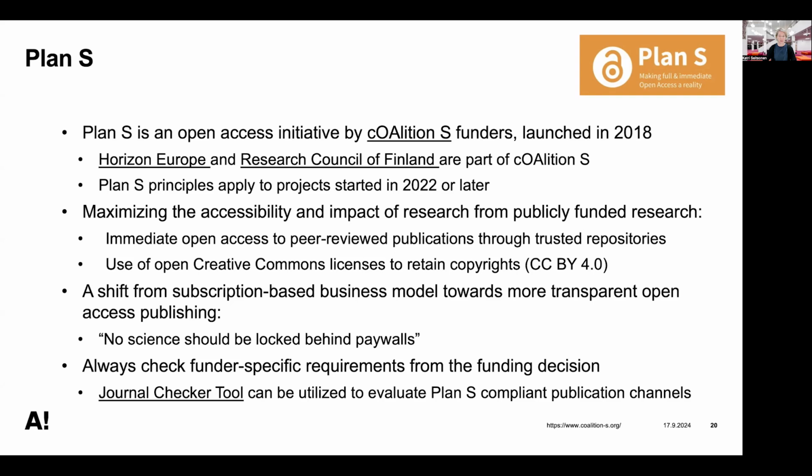In 2018, an international open access initiative called Plan S was launched by so-called Coalition S funders, a group of international and national research funders. Both Horizon Europe and Research Council of Finland are part of this Coalition S. And the Plan S principles in open access publishing apply to projects started in 2022 or later, receiving funding from each of these funders.